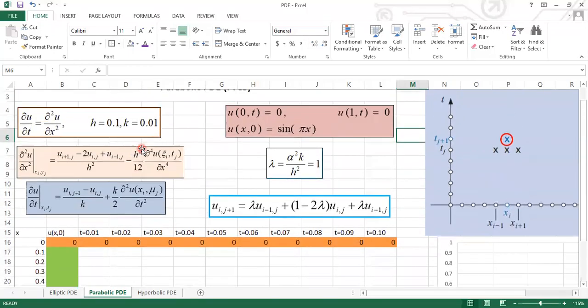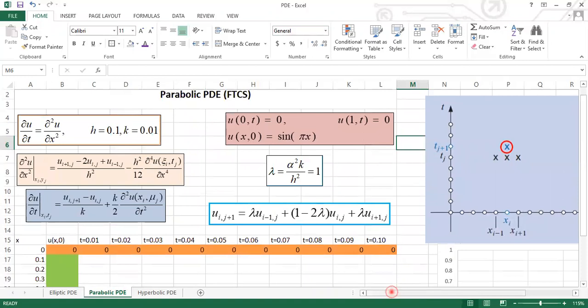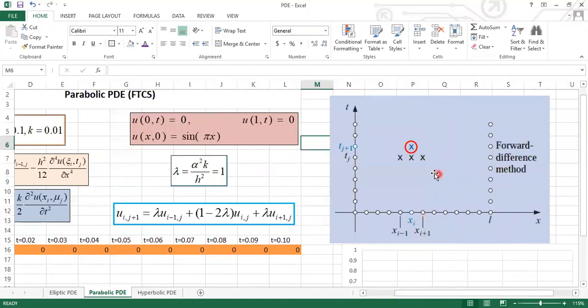If we look at the stencil for computation, we have x i minus 1, x i, and x i plus 1, these three points, which are used to compute a derivative at the central point. And when we use the derivative in time with reference to the i j point, we encounter t j and t j plus 1 points.